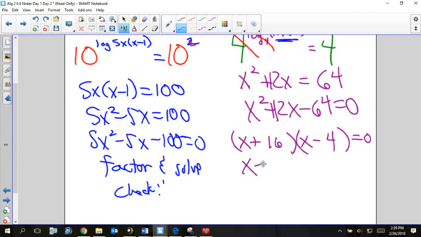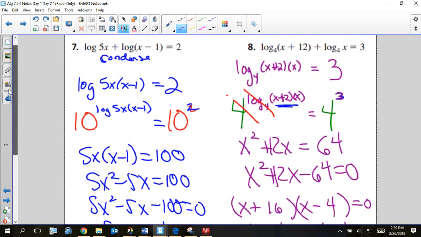This one does factor, and I'm solving it. And then you need to check to see if we have any extraneous solutions. So when I plug that back in, what happens if I plug in negative 16 into the first parenthesis? And I plug it back into the equation, which you can't see if you're looking up here, because it's way up there.